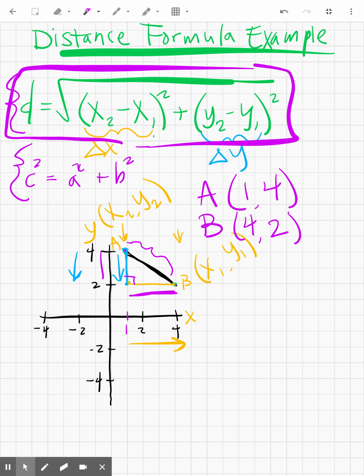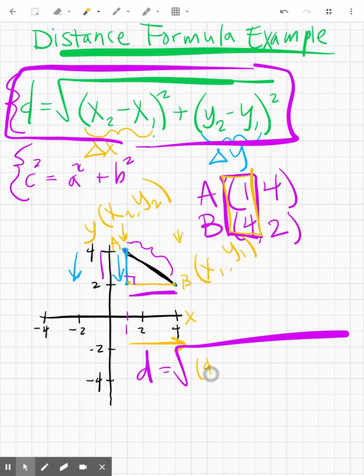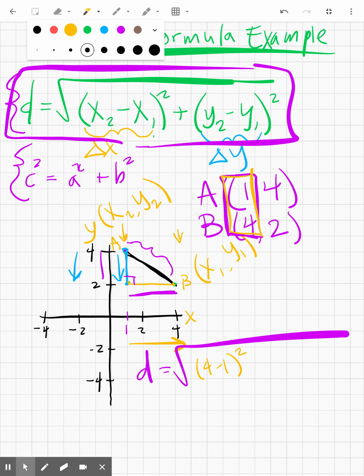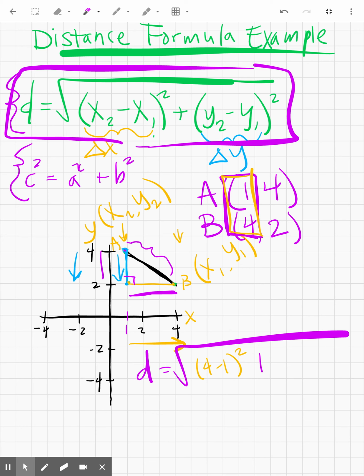If we wanted to write this out, the distance is going to equal the square root of the change in x. So basically we're finding the difference in our x's. What's 4 minus 1? Right, 4 minus 1. And then the other part, the change in y, with a plus sign here.